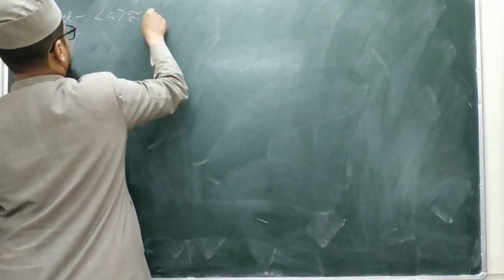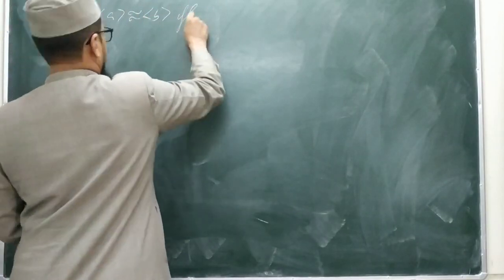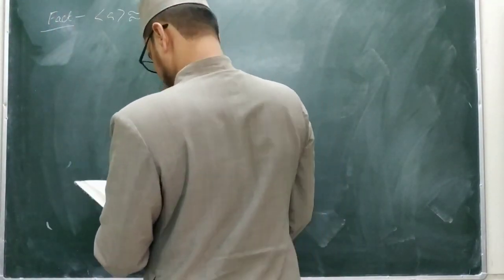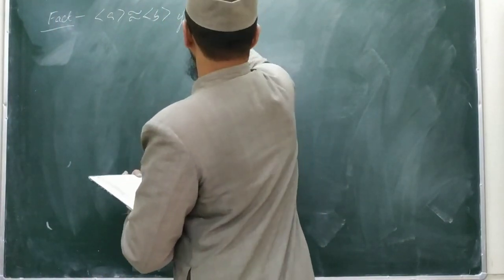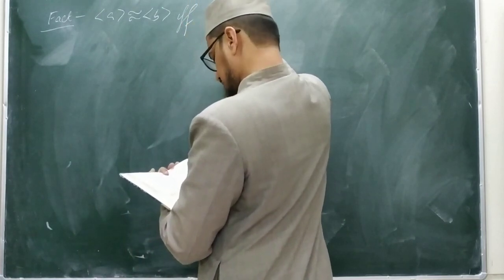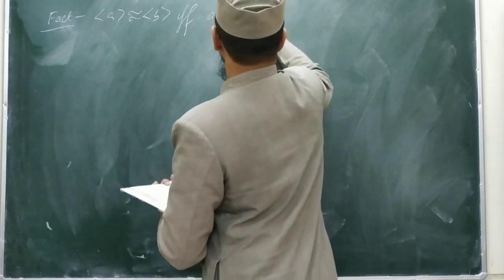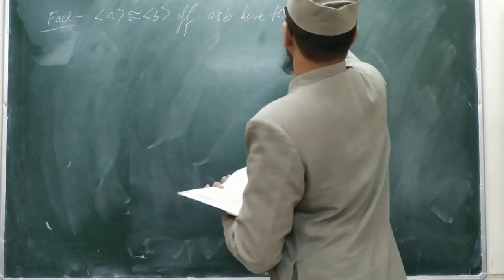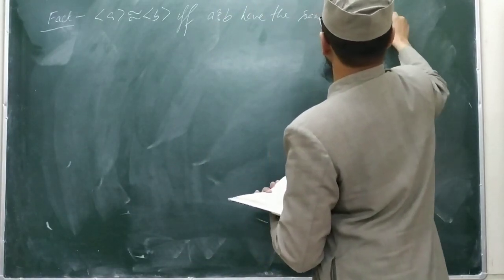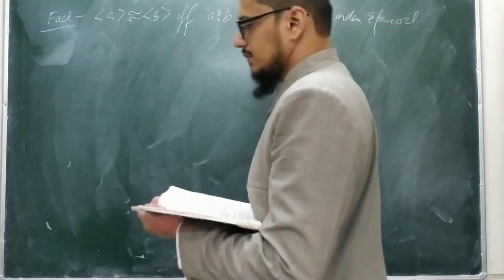A and B are isomorphic if and only if A and B have the same index and period.